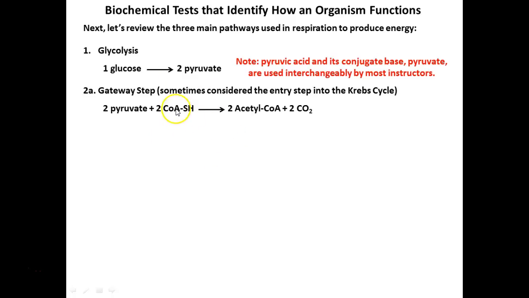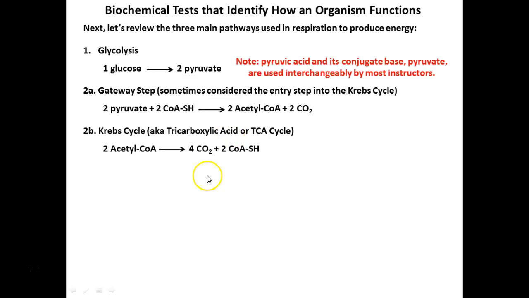So we turn those two pyruvates with coenzyme A into two acetyls and two carbon dioxides. The acetyl groups go into the Krebs cycle, and they get broken down into 4 molecules of carbon dioxide and regenerate the coenzyme, so we can go back and grab some more pyruvate, get them ready to go into the cycle.